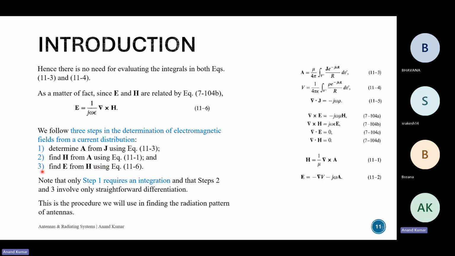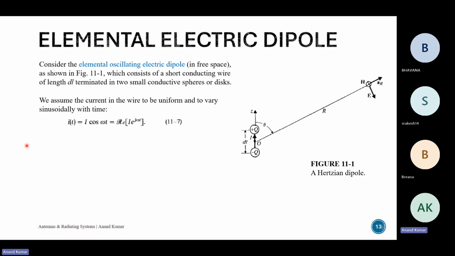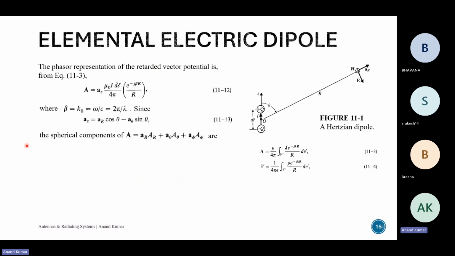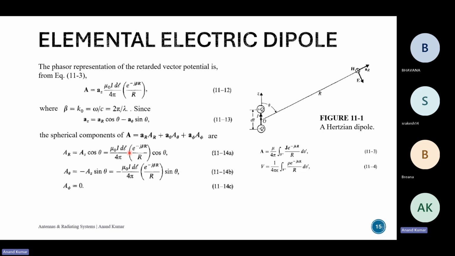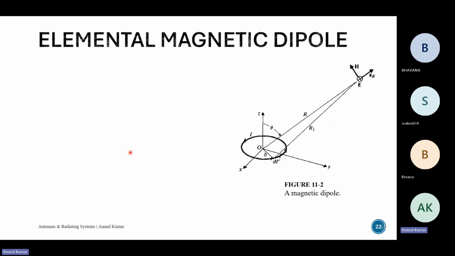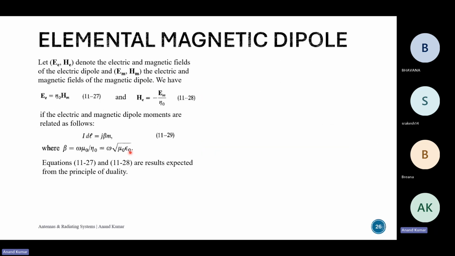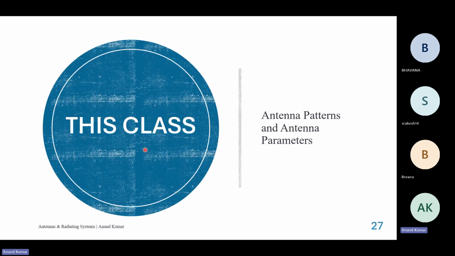So this is how we were solving for the electric and magnetic fields from the sources, and by using the three steps, we calculated the electric and magnetic field for the Hertzian dipole and the elemental magnetic dipoles. So we did a lot of math, but I hope you got time to go through these steps.